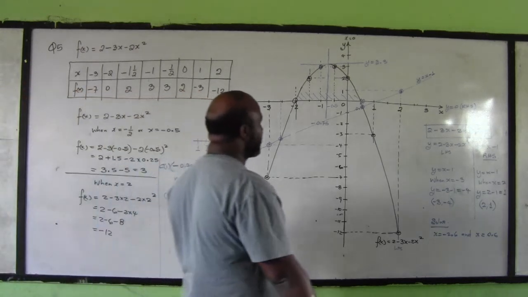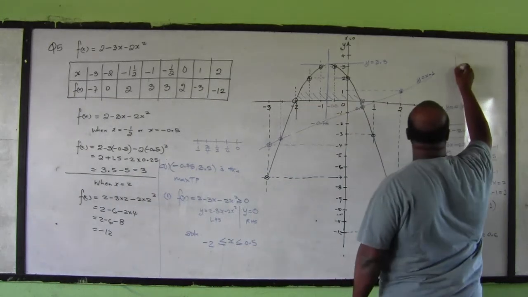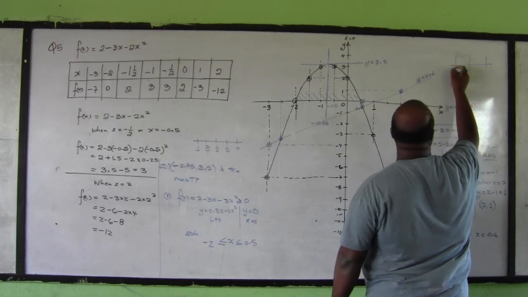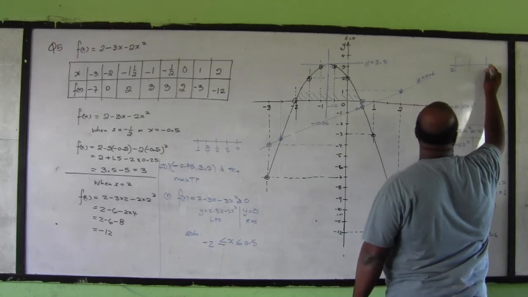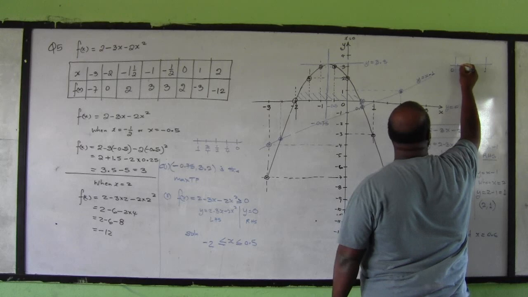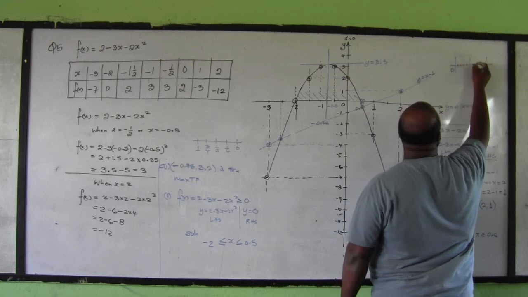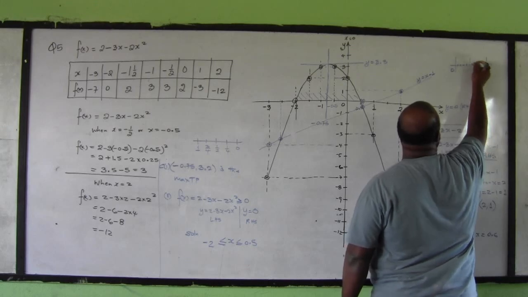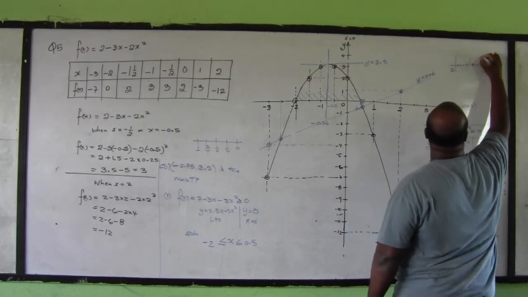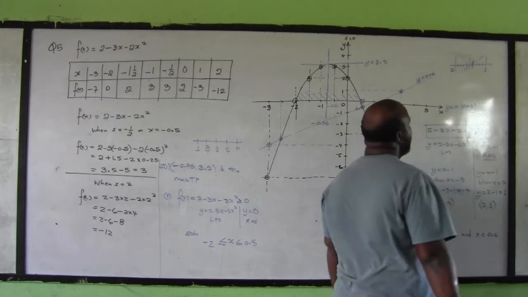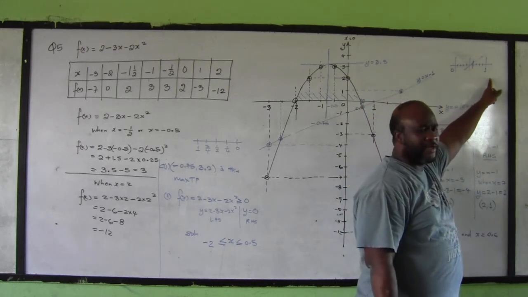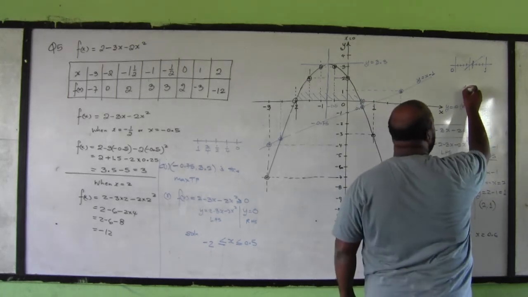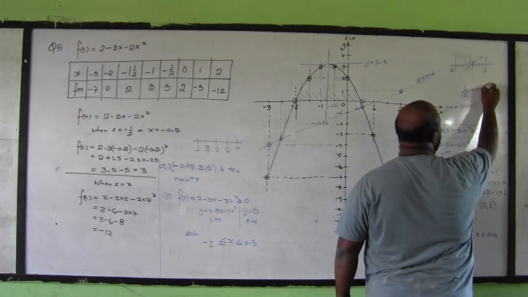The scale in this paper is 2 centimeters to 1 unit. This is 0 and this is 1. Every centimeter is divided into 5 equal parts. Mine cut my graph here. If you divide 1 by 10, you get 0.1.